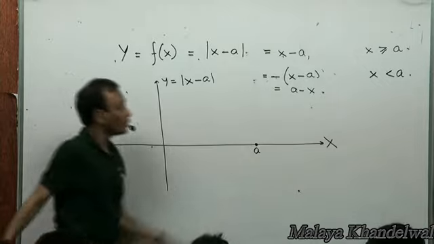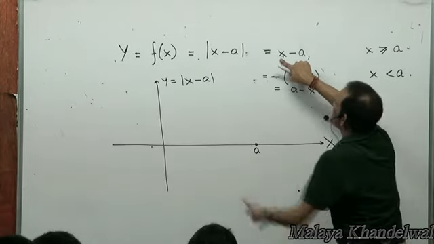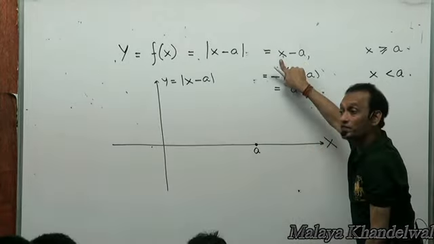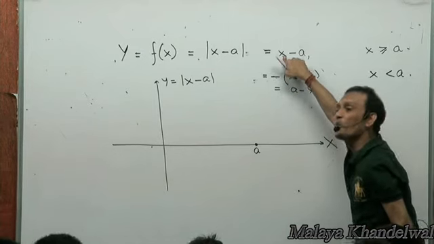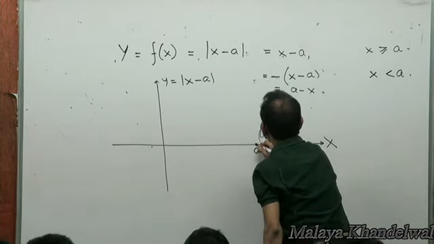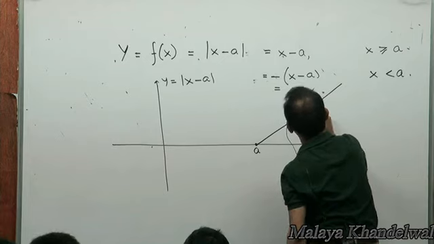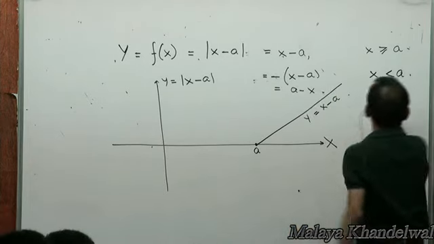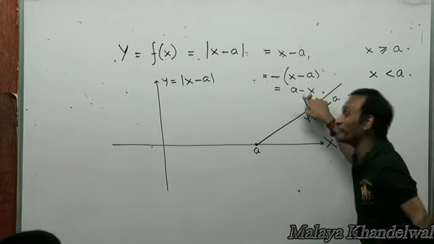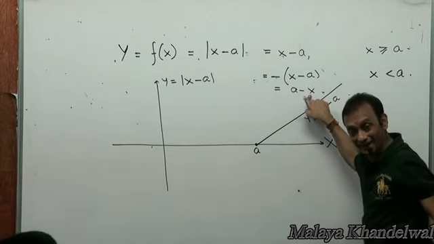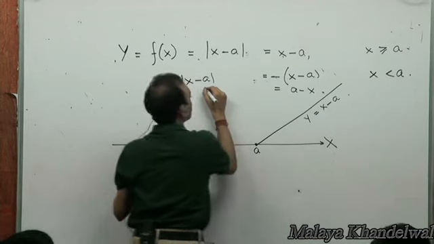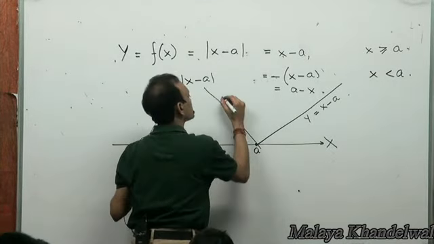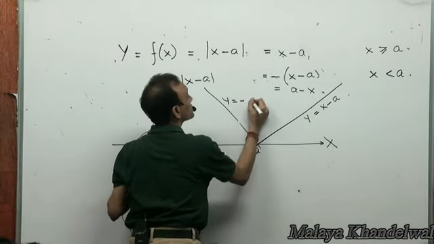Right? To the right of a, it goes as the line y equal to x minus a, which is a straight line with slope 1, right? To the left of a, it goes as a minus x, which is slope minus 1, right? To the left of a, it goes as y equal to a minus x.